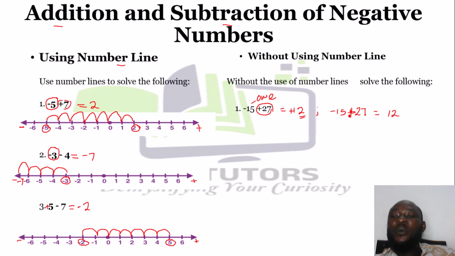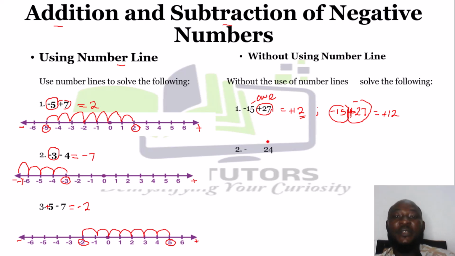Now, is the positive number a bigger number or the negative number here? Forget about the signs. Here, 27 is carrying the positive sign and 27 is bigger. So since 27 is bigger, this number here automatically becomes positive. See, that is another simple way of solving this.